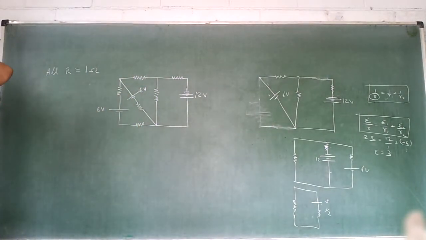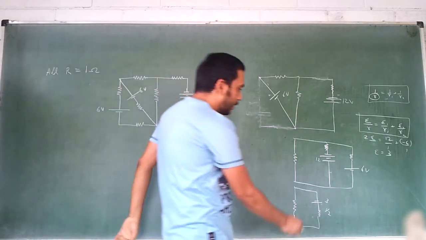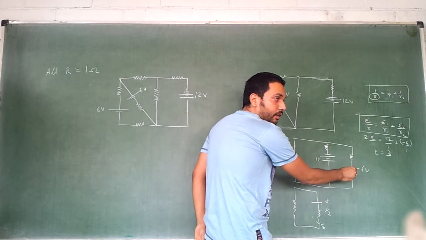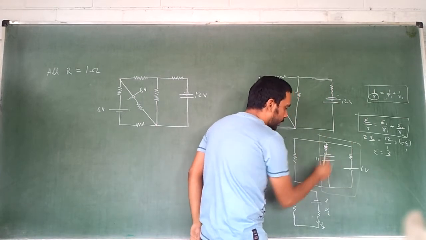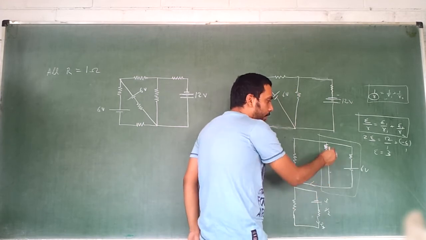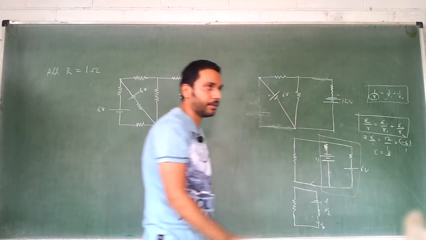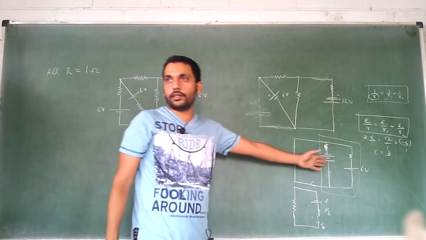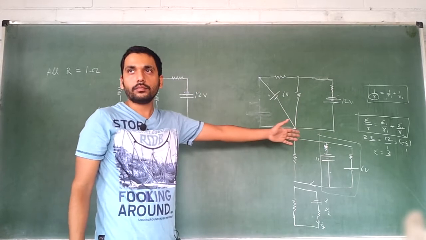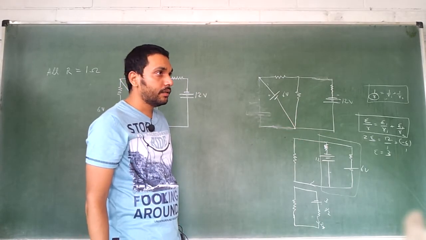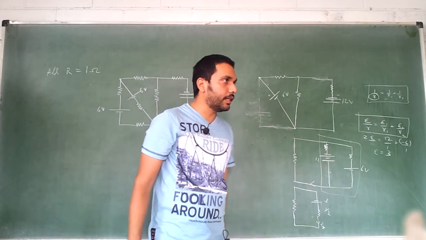Is it clear? Now where is this current flowing? Is this 2 ampere current flowing over here? No. Over here? No. This has become a single battery, so it is flowing over here. Get the point? What is flowing over here, what is flowing over there, you will have to find separately. Can anybody tell what is flowing in each branch? How will you do it? Some of the current should be that.